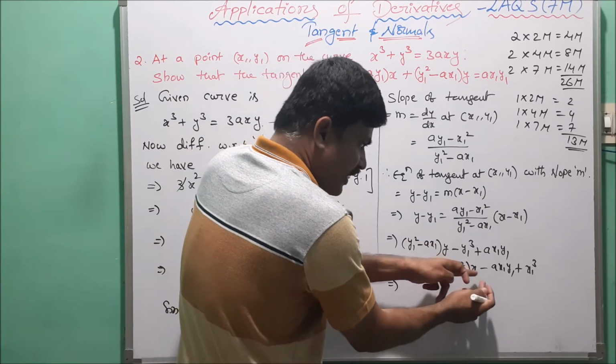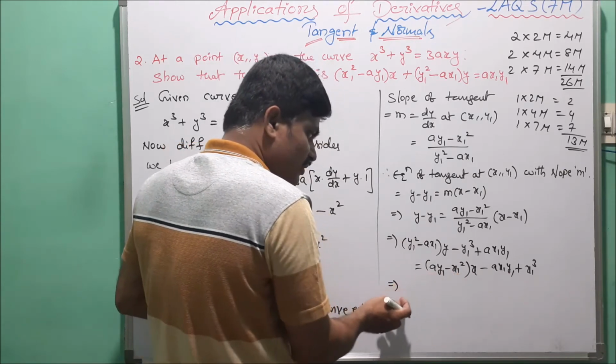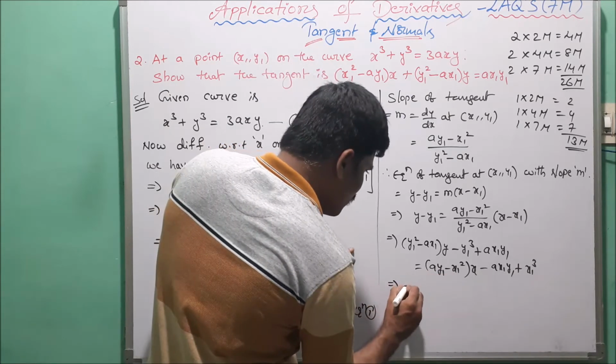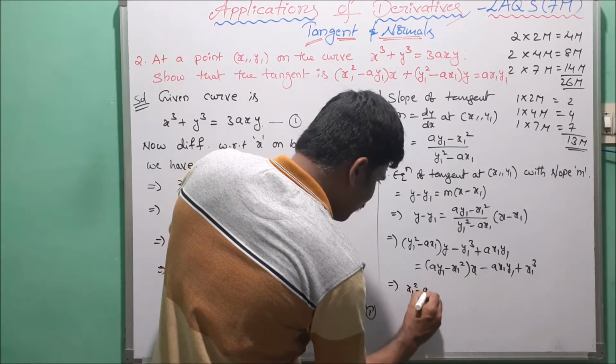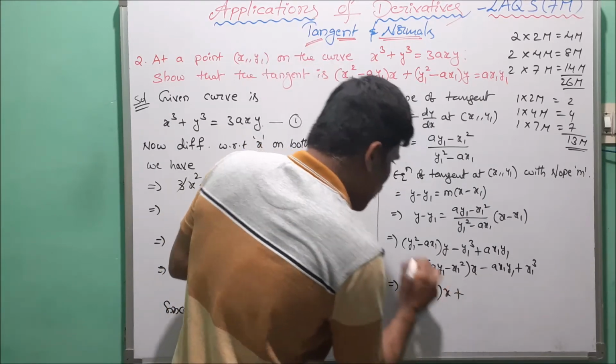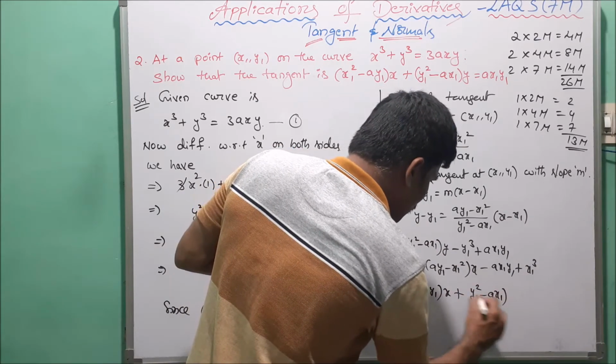Now clearly in that first we write ay1 minus x1 square into x can be taken to left side. Now here minus, it contains minus sign. Now here we take common minus also. We write x1 square minus ay1 into x plus already y1 square minus ax1 into y.